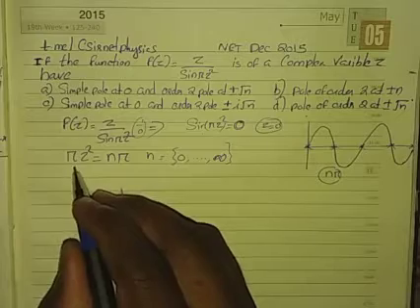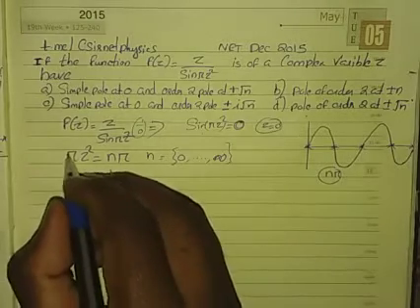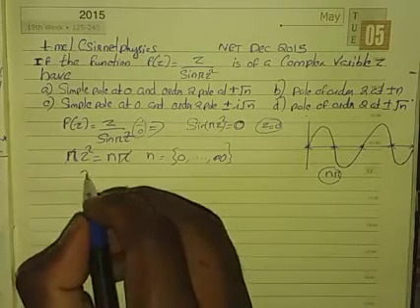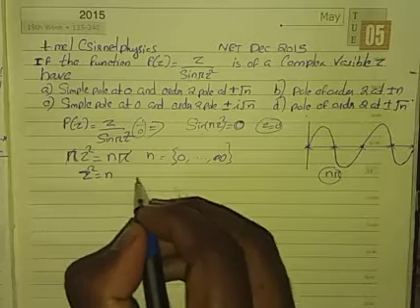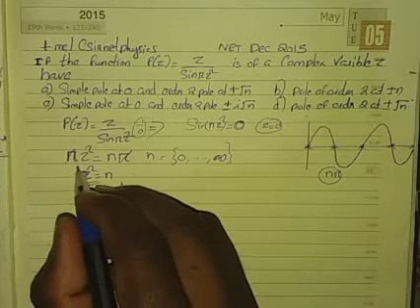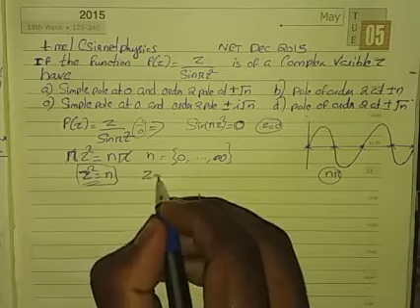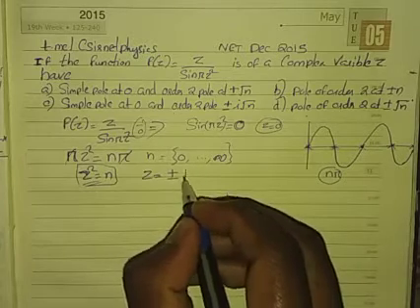So pi and pi cancel out, and you get z square equal to n, which means it is a second order pole, and z can take the values plus or minus root n.